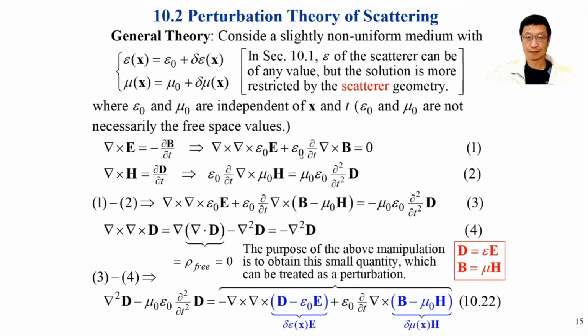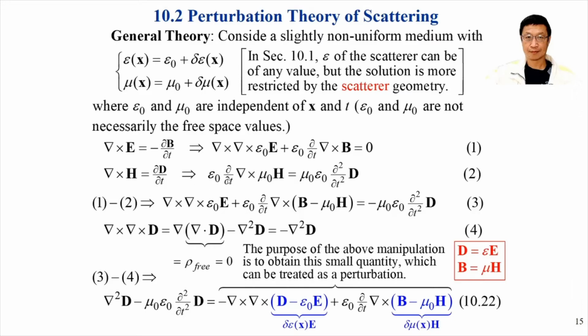Okay, next one is Ampere's law with Maxwell corrections. And once again, we consider the air, so no source term, no J. Curl of H equals partial D partial t. And once again, we multiply by epsilon 0 and mu 0.